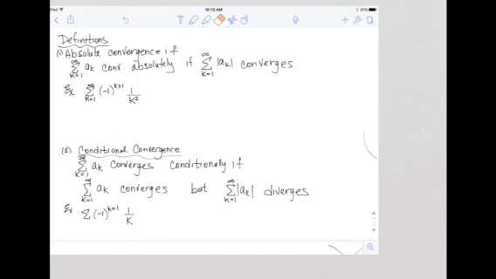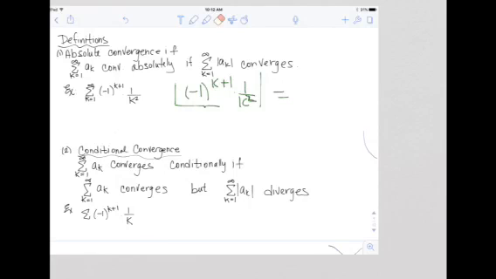Next, we'll talk about a couple definitions. A series converges absolutely if the absolute value of the series converges. For example, the series from k equals 1 to infinity of negative 1 to the k plus 1 times 1 over k squared. Think about what this is saying. If I take the absolute value of negative 1 to the k plus 1 times 1 over k squared, the absolute value bars invalidate the negation.